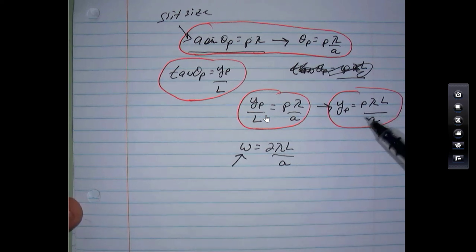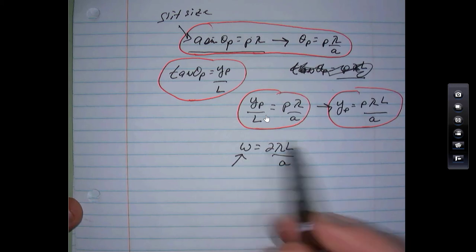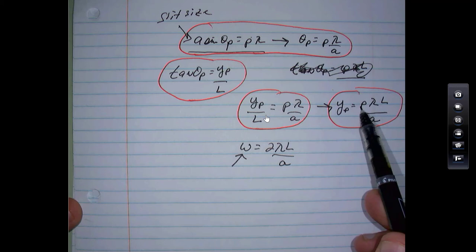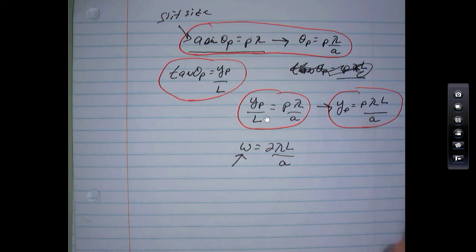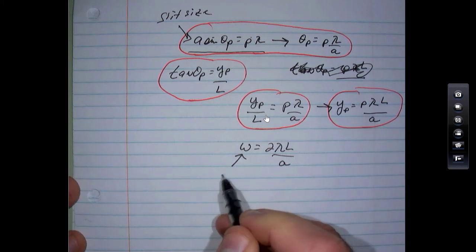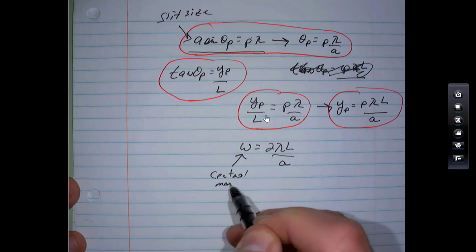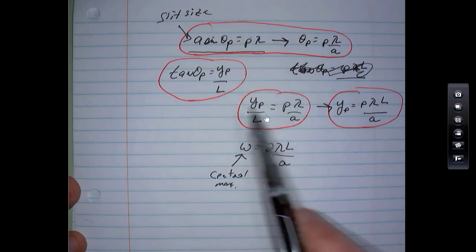If I put 1 in here for p, that would be the distance from the middle over to the first dark spot. It's twice as big, though, to get the whole central maximum, so the width of the central maximum is twice this. If you put p equal to 1 in here and multiply the whole thing by 2, this will give you the width of the central maximum. So again, for this whole section, definitely have a picture.